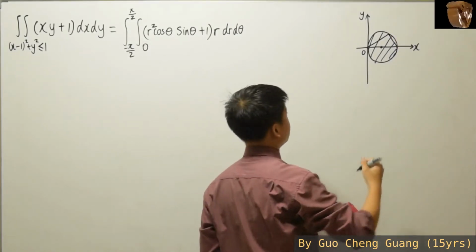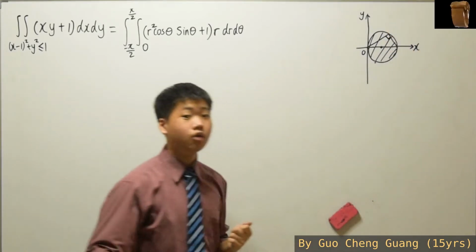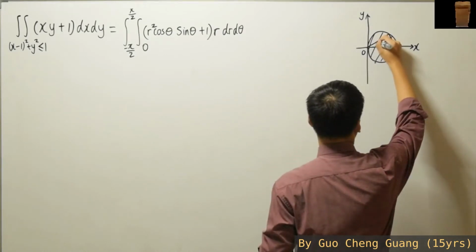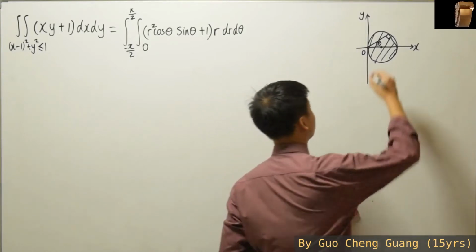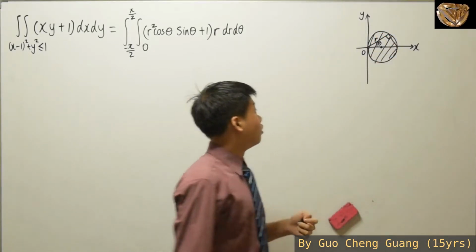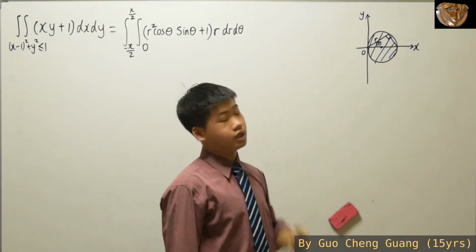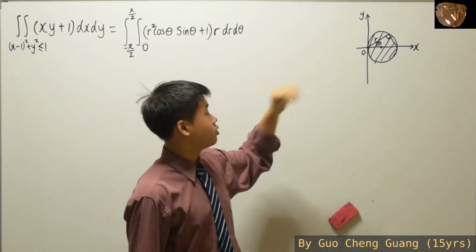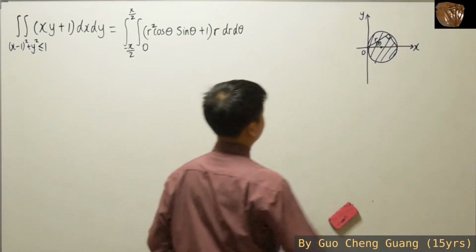If you know the property, this angle here is actually a right angle. With this right angle, your theta is over here, this will of course be your r, and your diameter is 2, since the radius of the circle is 1. So you know this would be a right-angled triangle. How are you going to find r?